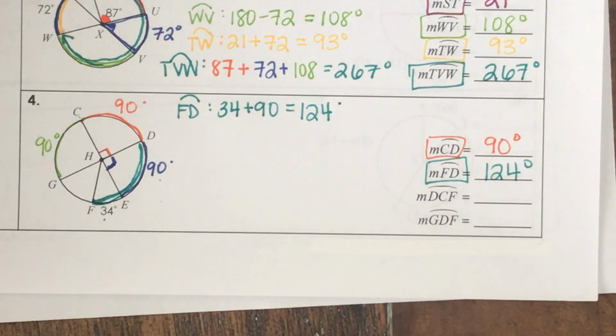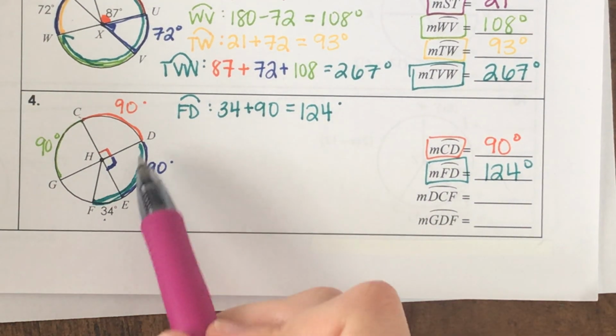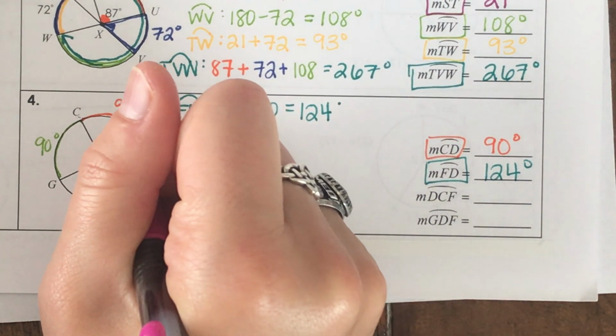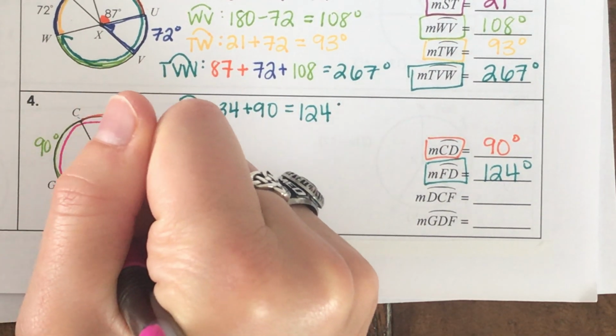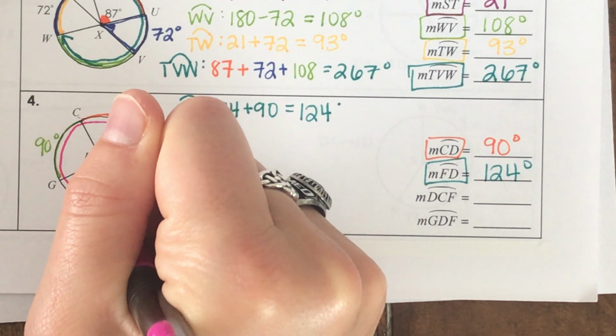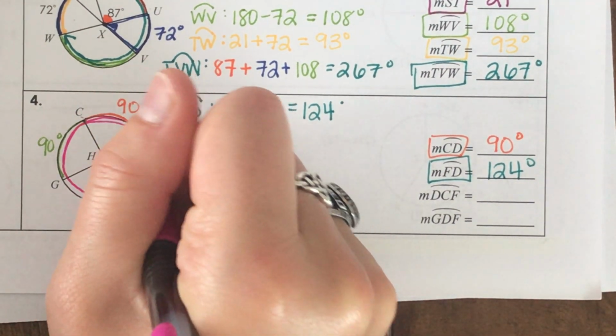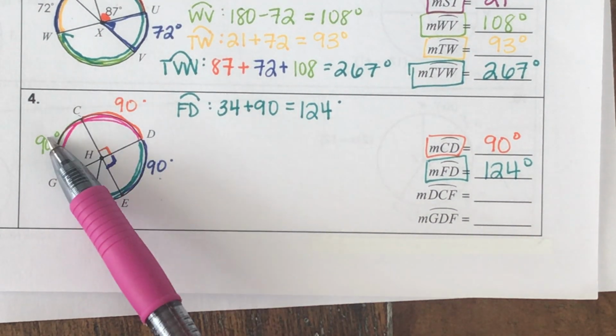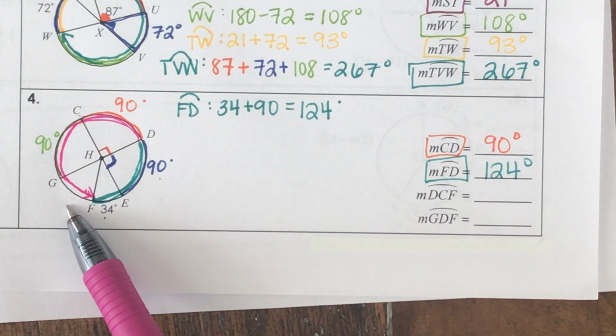Next one is measure of arc DCF. So it's DCF all the way across. Now, I know I'm going to have to add 90 and 90, but I don't know what this piece right here is.